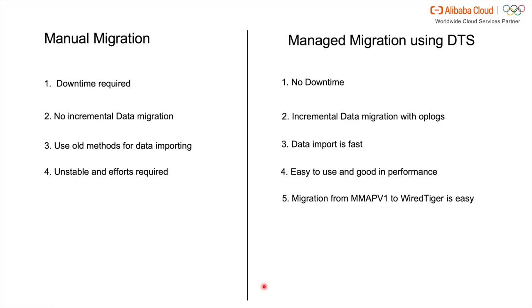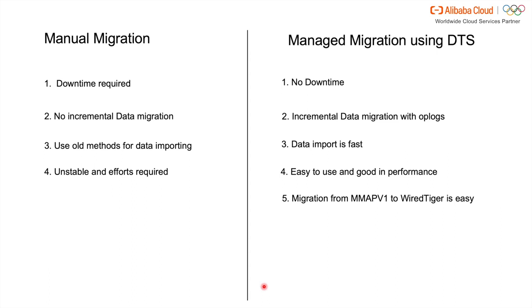Again, for migrating, you have to use mongodump or mongorestore, but here it is fast. Otherwise it is unstable and effort is required, so you need a DBA doing every kind of task for you. But with DTS, it is easy to use and good in performance. You don't need anyone or any special expertise. With just the console, you can migrate your whole data.